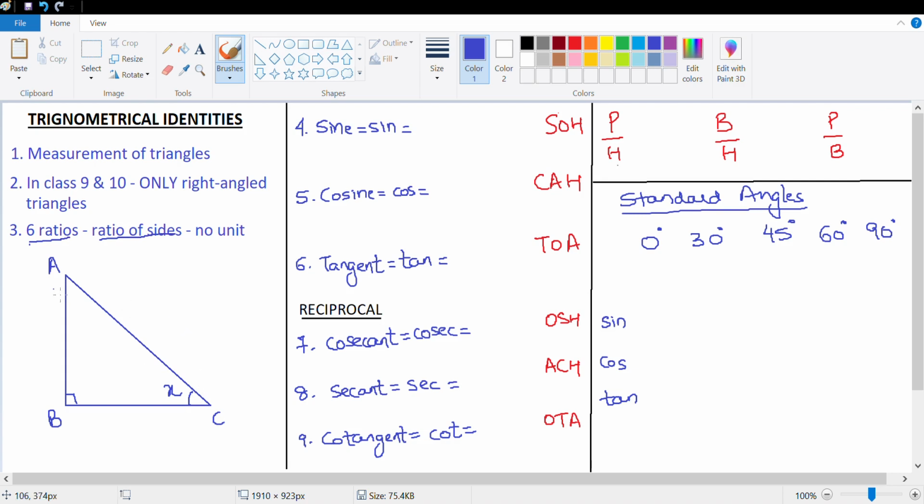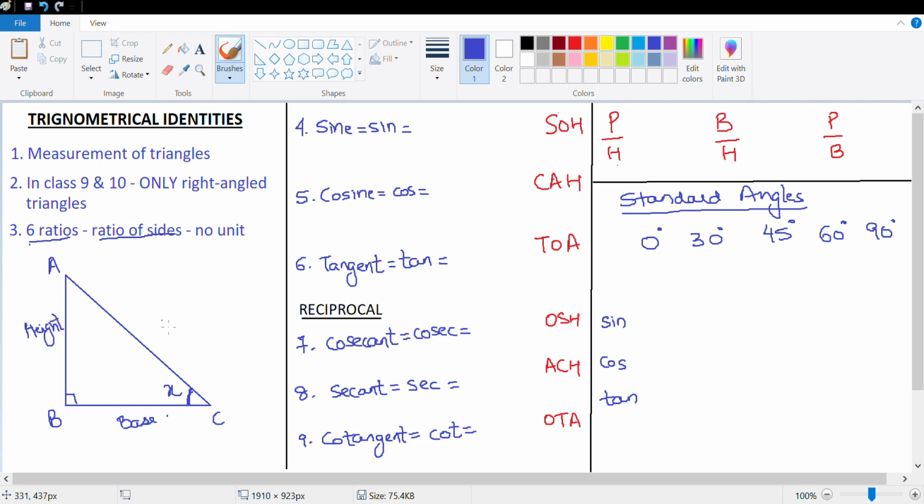So for example, if I am looking at triangle ABC and I am referring to angle X, or in this case angle C, then for angle C or X, the side BC is known as the base and the side AB is known as the height.